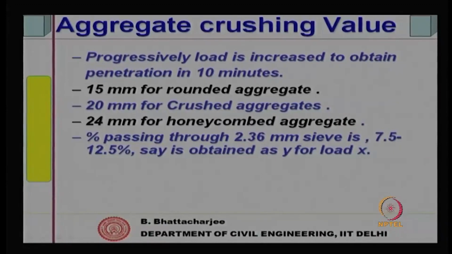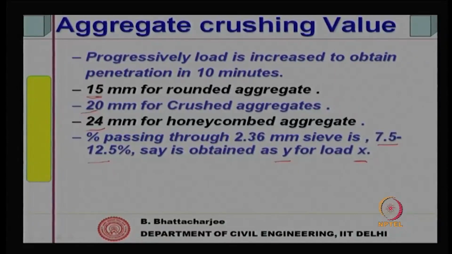Then the percentage passing through 2.36 millimeter sieve is found out, which should be between 7.5 to 12.5%, and let us say we got y for load x. So, the load is unknown here; you try to find out how much load is required to achieve this much penetration, depending upon the type of aggregate.